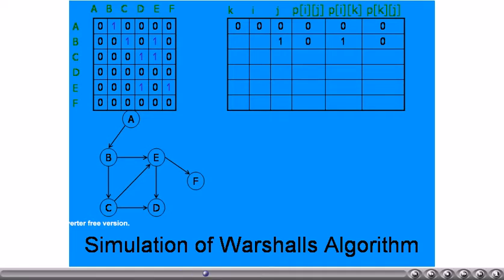Currently k value is 0, i value is 0, j value is 1, pij is 0, pik is 1, pkj is 0. If we take the AND operation between pik and pkj, the value is 0, and the OR operation between pij and this AND value is still 0, which means that p01 value will not change.